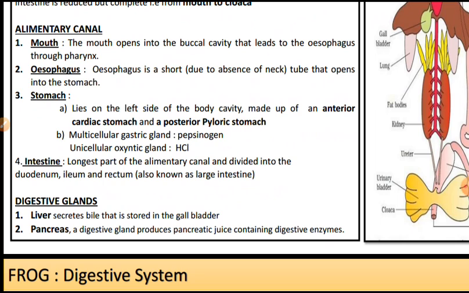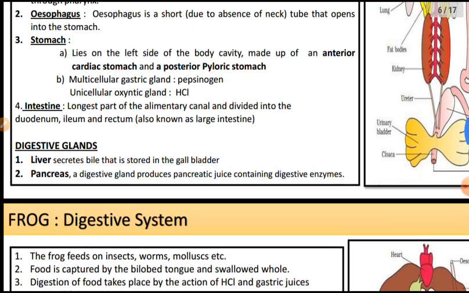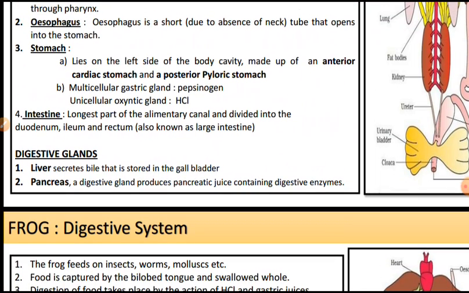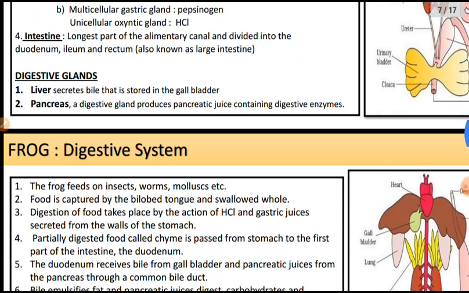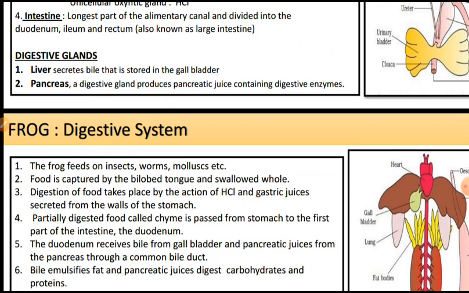The mouth opens into the buccopharyngeal cavity, and that leads into the esophagus. The stomach is divided into anterior cardiac and posterior pyloric stomach, and then the intestine. The main digestive glands are the liver, pancreas, and intestinal wall glands.